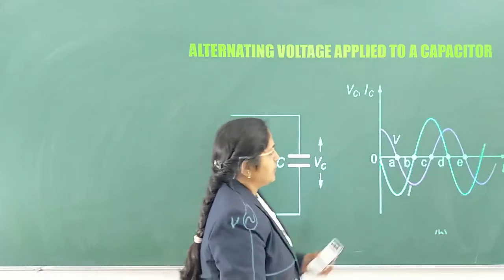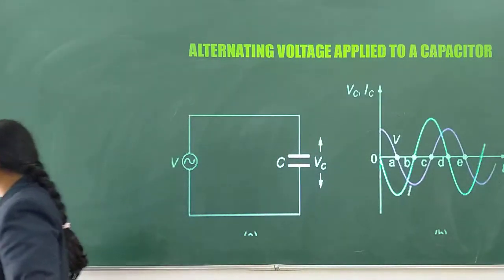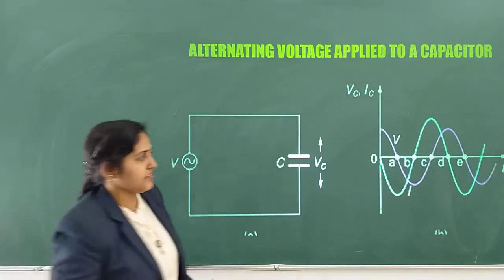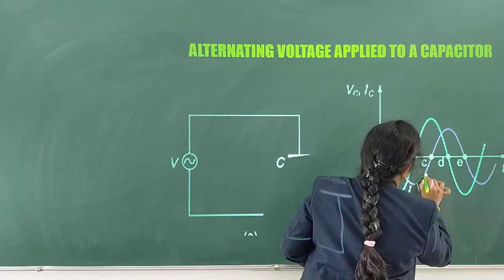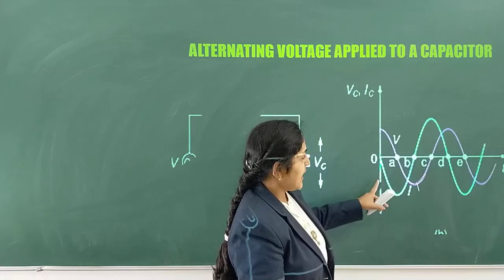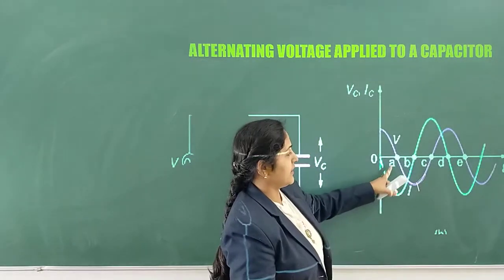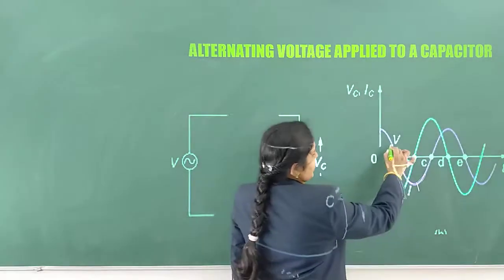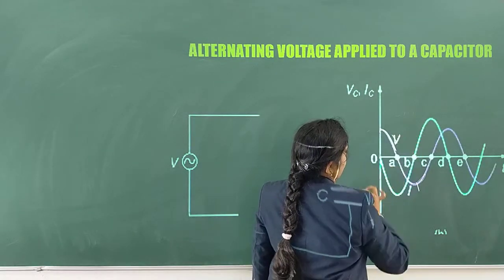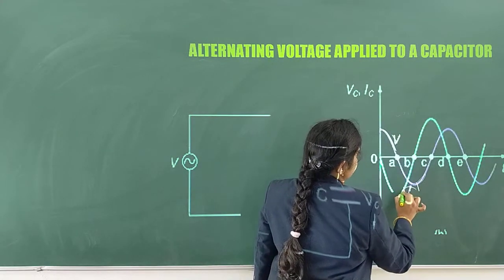The dark blue line represents current, and the light color line indicates voltage.